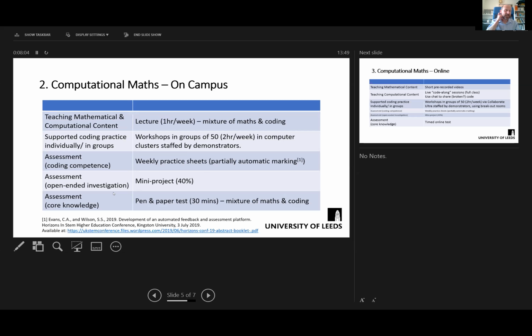Now, when we started trying to do automatic marking, Gradescope wasn't available at Leeds University, so we wrote our own automatic marking software, adapting some work that had been done in electrical engineering in Leeds, and there's a link at the bottom there, a reference to our colleagues who started this program.